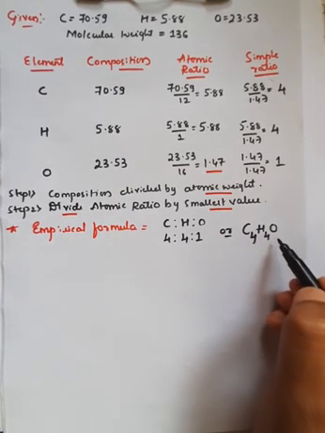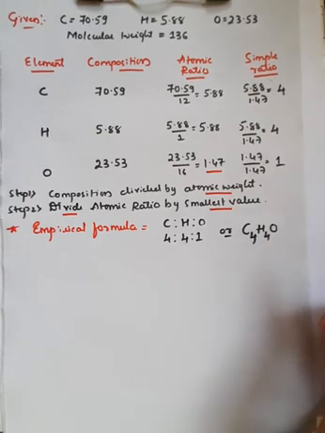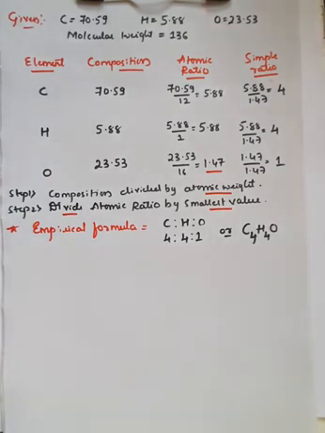You can write 1 or leave it like that. So C4H4O, in the ratio of 4 to 4 to 1, is the empirical formula.